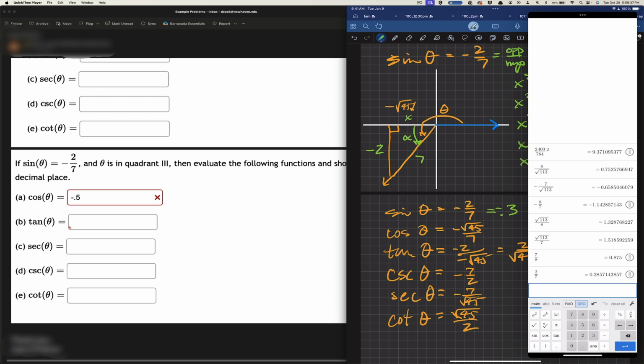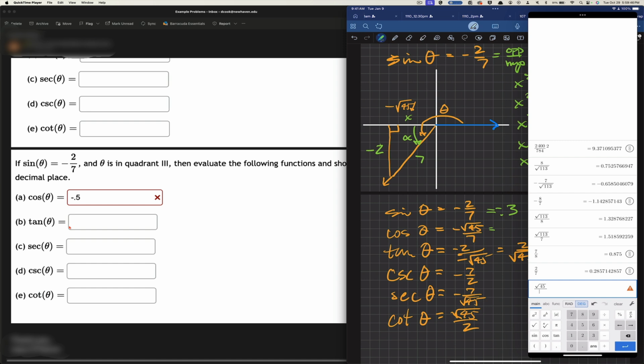Square root 45 over 7. So square root 45, get out of the radical, divided by 7. So 0.95, which is, by the way, negative 1.